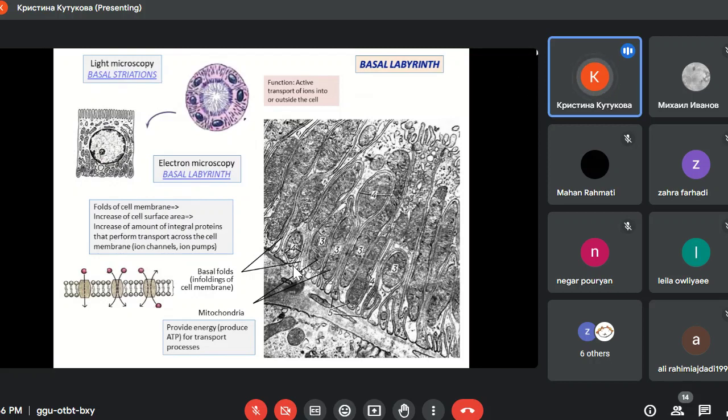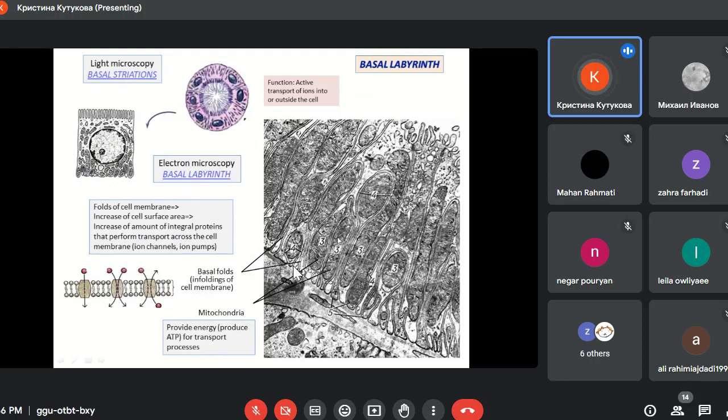So basal labyrinth. Basal labyrinth is composed of two elements. First, mitochondria. Here they are. They are ordinary mitochondria with lamellar cristae, which serve for ATP molecules production. And second component of basal labyrinth is basal folds.